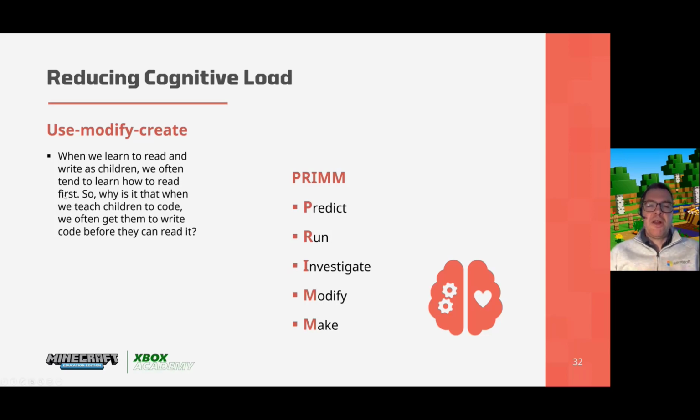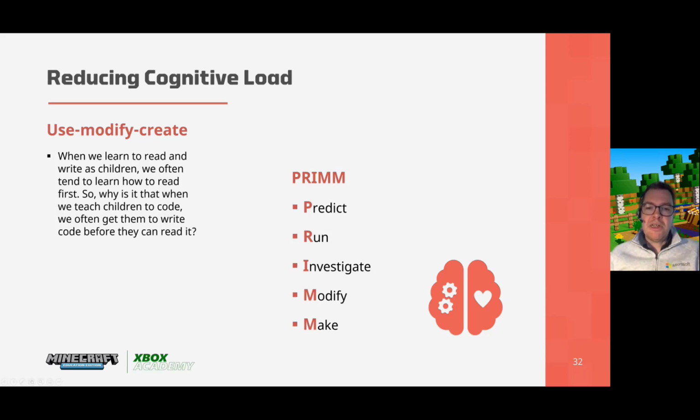They then have to predict what the code is going to do, and then the teacher or the student runs the code to see if they were right. They then start to modify the code, investigate it to see what it does, change some of the variables, and then once they're finished, they can create something new based on that code.